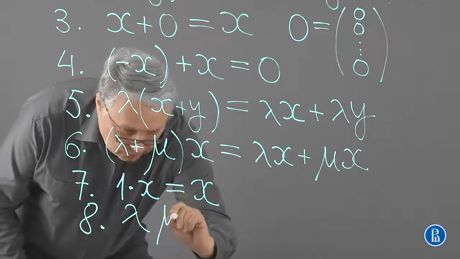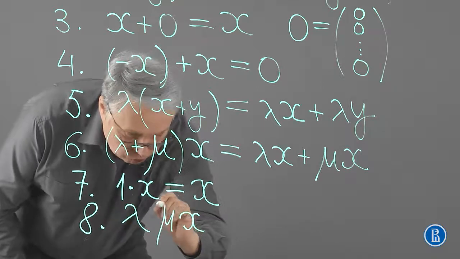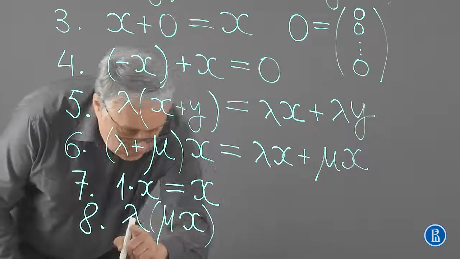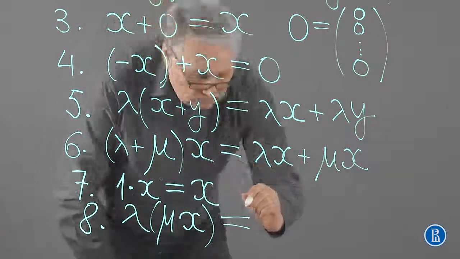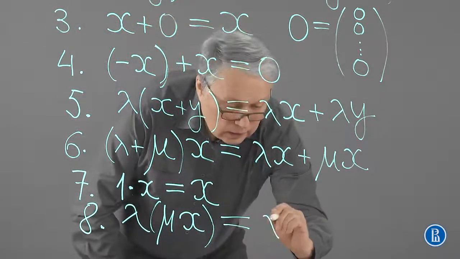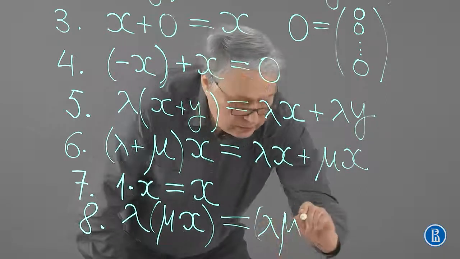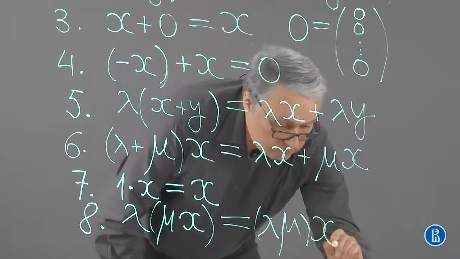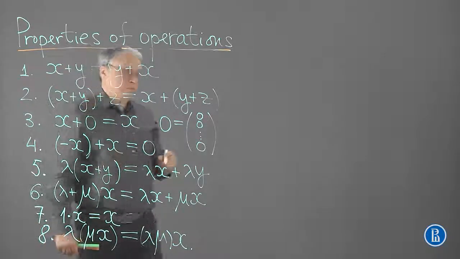Firstly, I'm multiplying x by mu and later by lambda, at the same time I could have multiplied lambda and mu and then by x. Here we put a dot, so we exhaust all these properties.